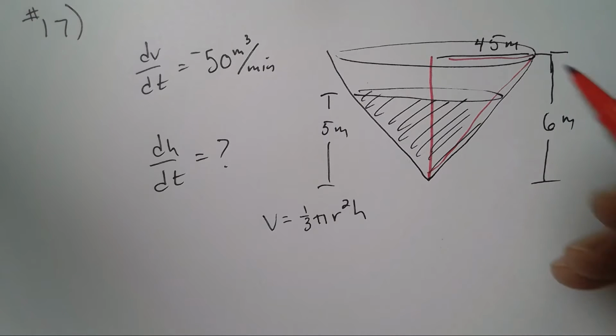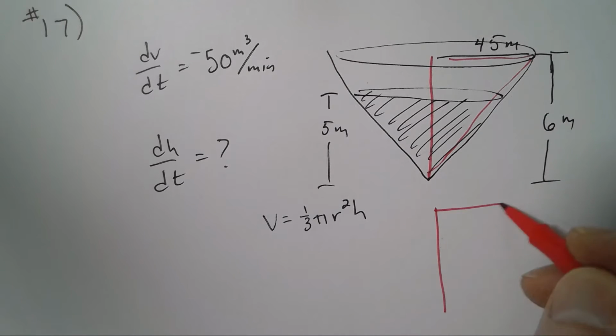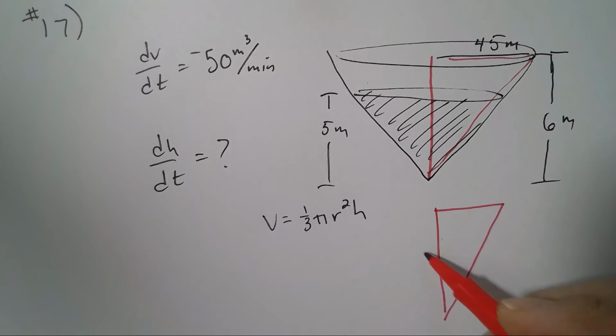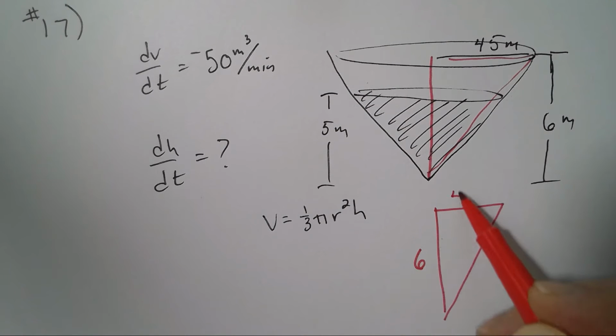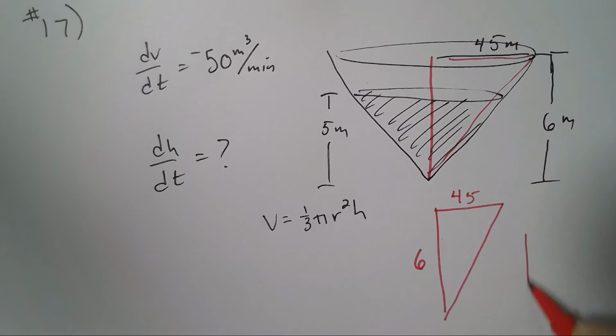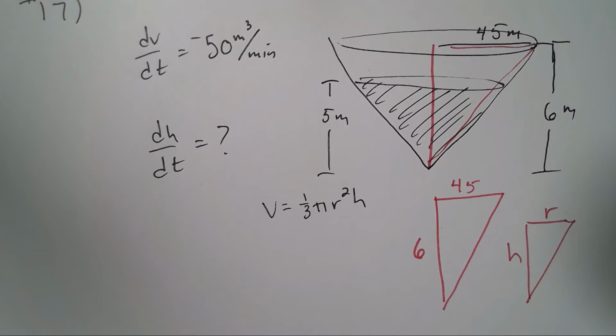Okay, so similar triangles. If the height is 6, the radius is 45. The radius is r when the height is h, so those are two similar triangles. So 45 is to 6 as r is to h.